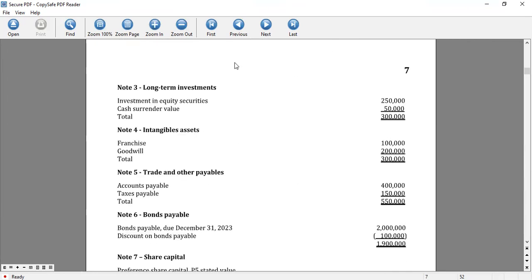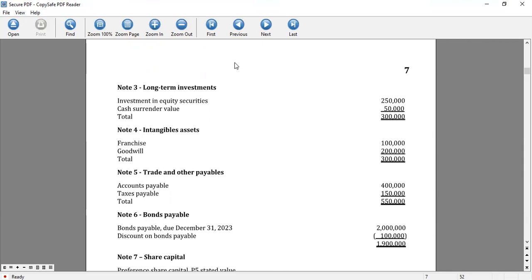All right, note number 3, long-term investments for investment in equity securities for 250,000 as given, long term 250,000, and cash surrender value of life insurance contract of 50,000. So the total of 300,000 for the long-term investments.